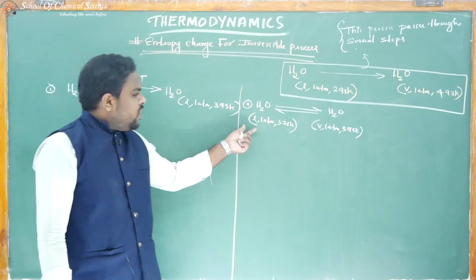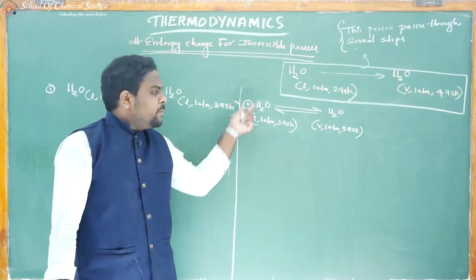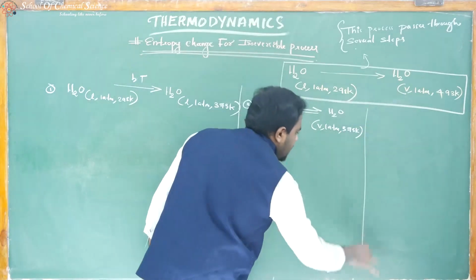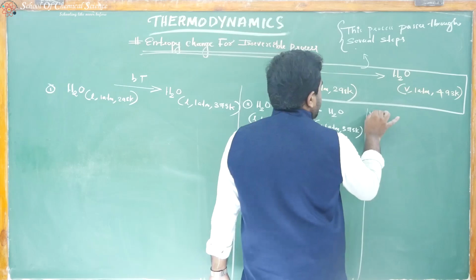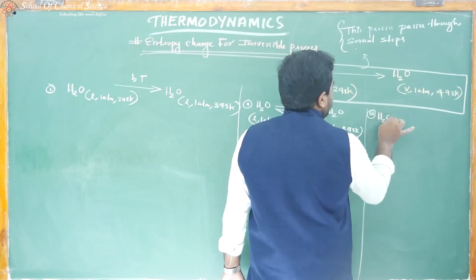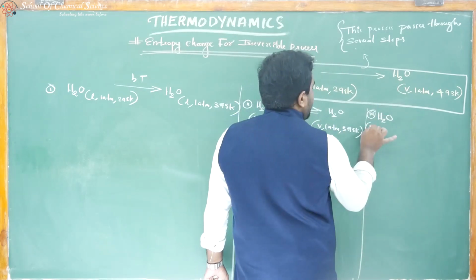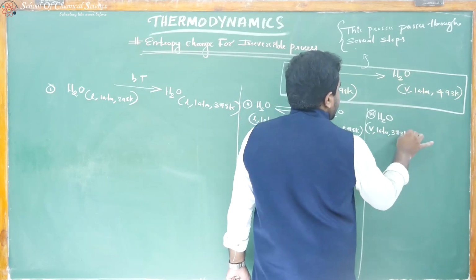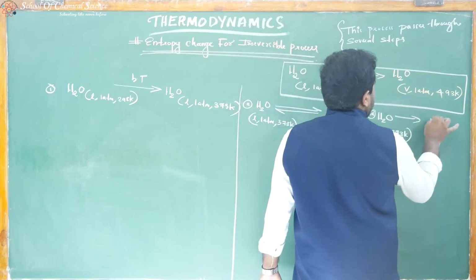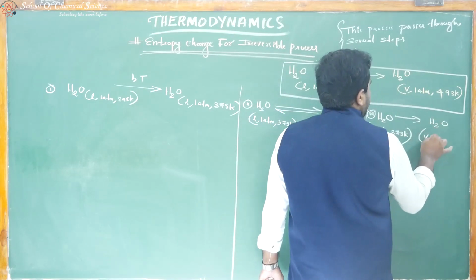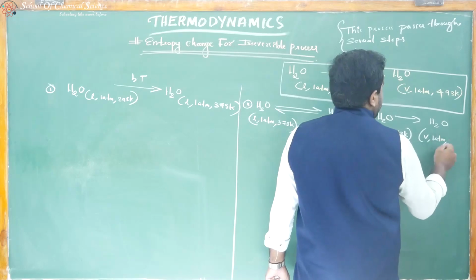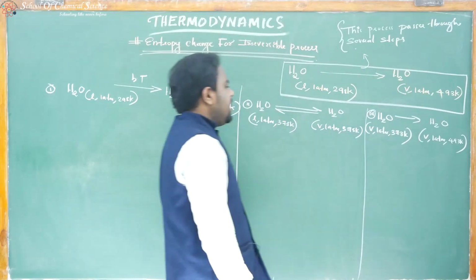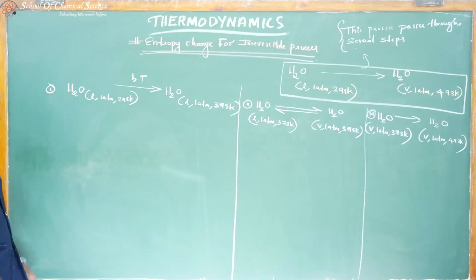H2O liquid at 373 Kelvin is completely converted into vapor. And in the last step, the third step, H2O vapor at 1 atm and 373 Kelvin is converted into H2O vapor at 1 atm and the final 493 Kelvin. So there are 3 steps.